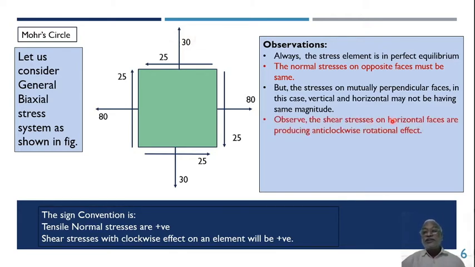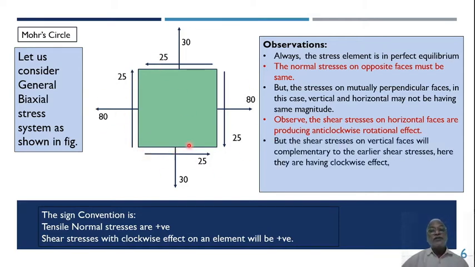Observe, the shear stresses on horizontal faces are producing an anti-clockwise rotational effect. Yes, they are producing an anti-clockwise effect, but the shear stresses on the vertical faces will be complementary to the earlier shear stresses. Here they have a clockwise effect.